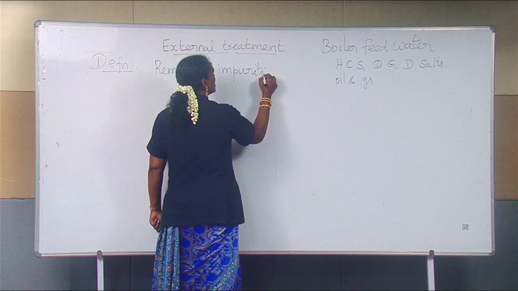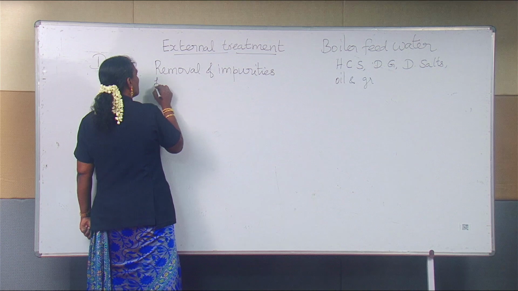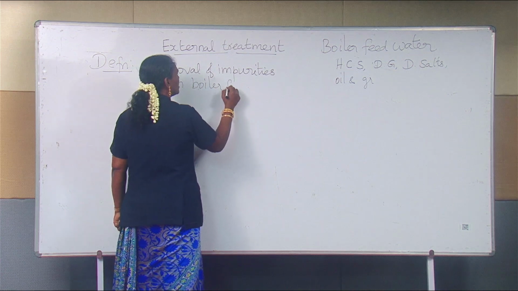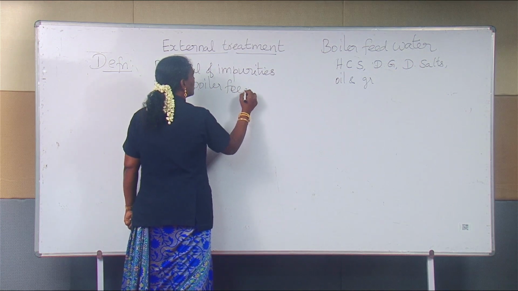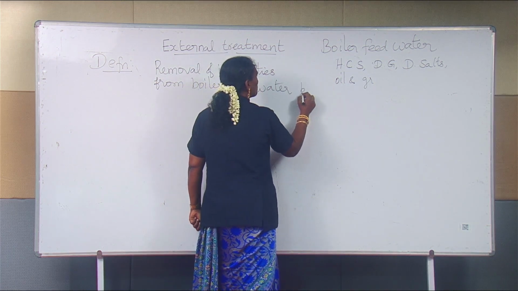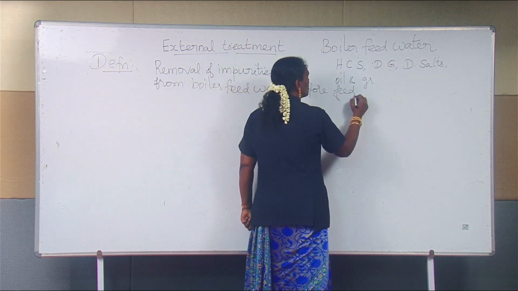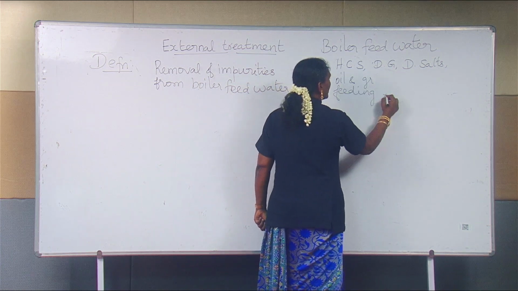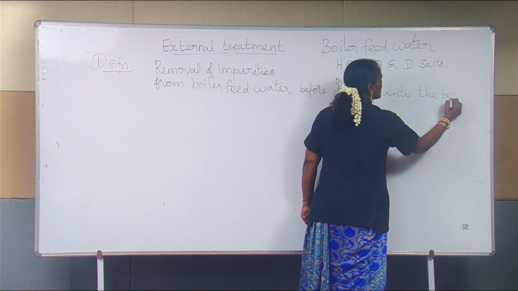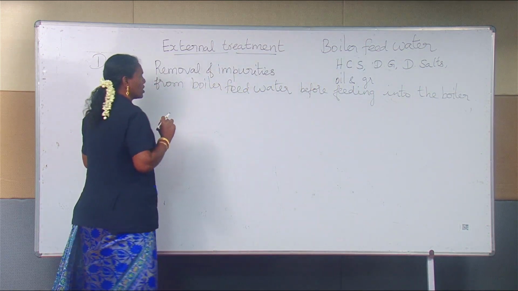Removal of impurities from boiler feed water before feeding into the boiler is called external treatment. This is the definition, and it carries 2 marks.